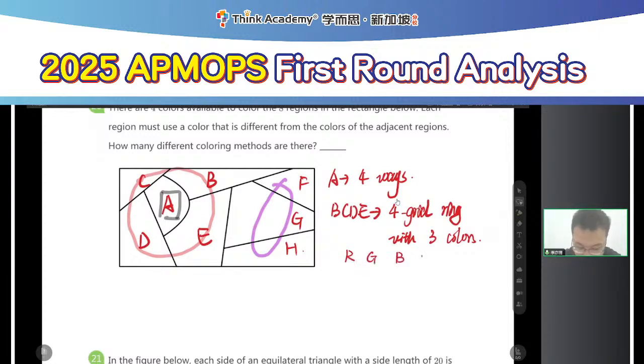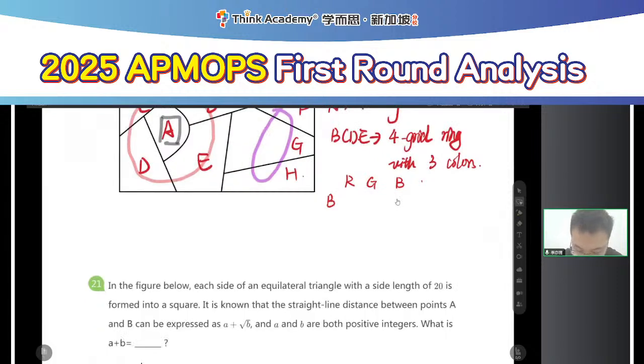Then we start with the region B, C, D, E. We randomly give a starting point here. Suppose we start with red. Now pass the ball to 1, 1, and then 2, 1, 1. So this is 3, 3, 2.